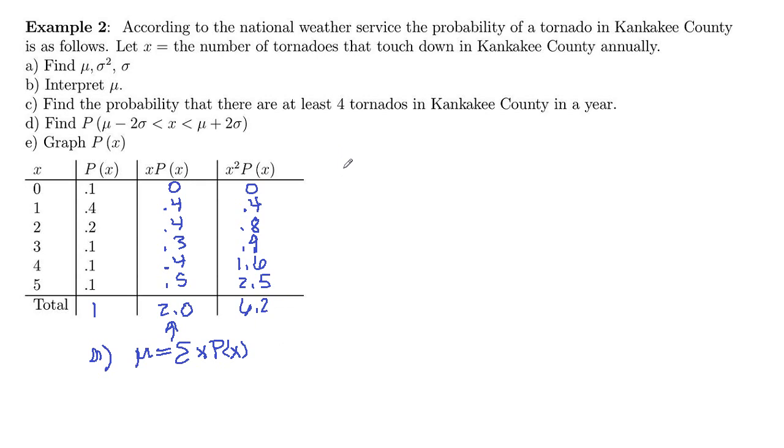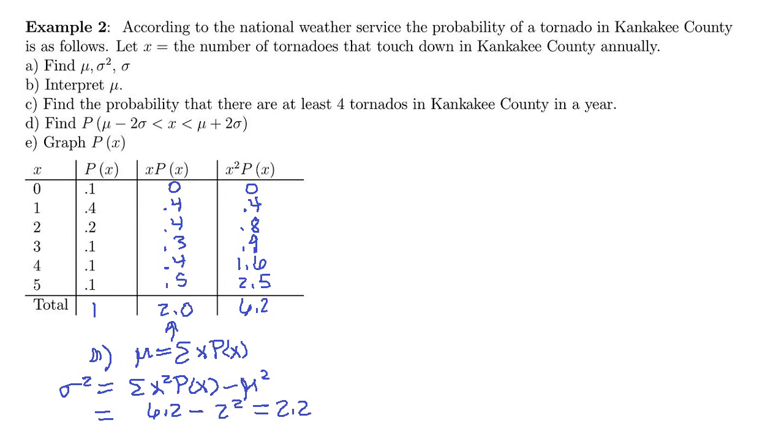So next we want to go ahead and find our sigma squared, which is the sum of the x squared times probability minus the mean squared. So that's going to be the 6.2 minus the mean is 2, so minus 2 squared. That's going to be 2.2.